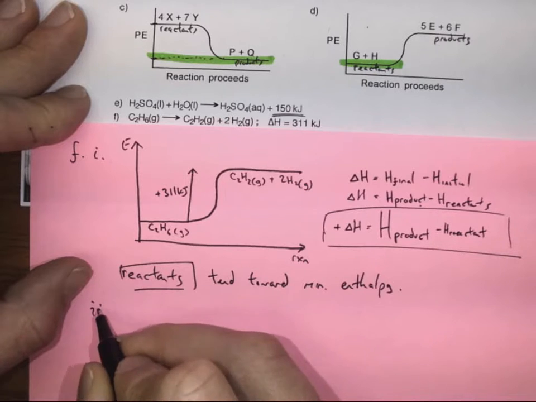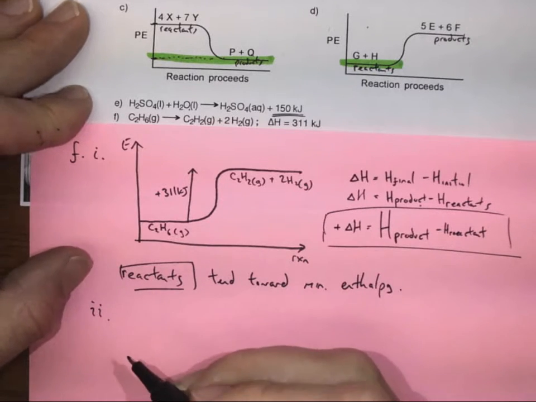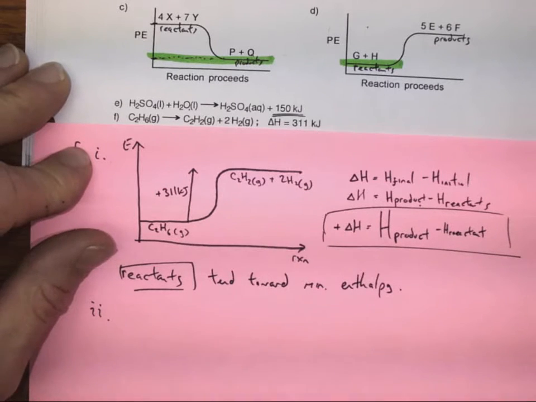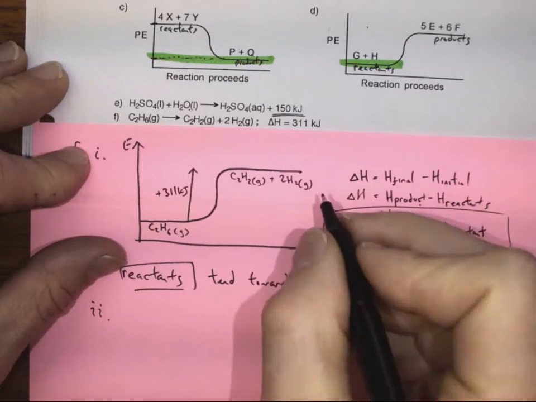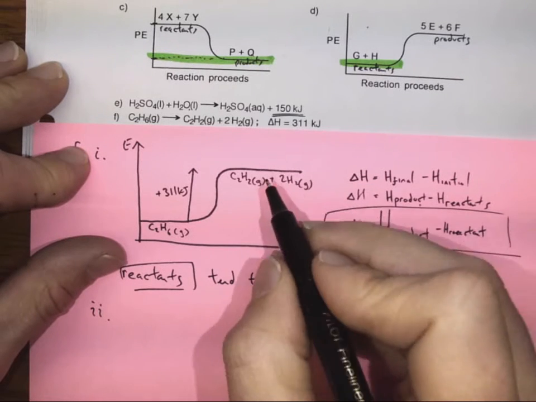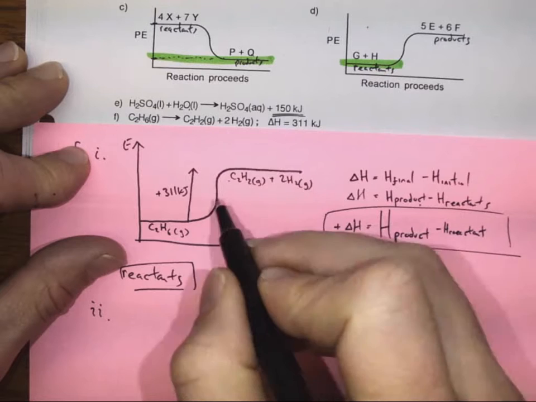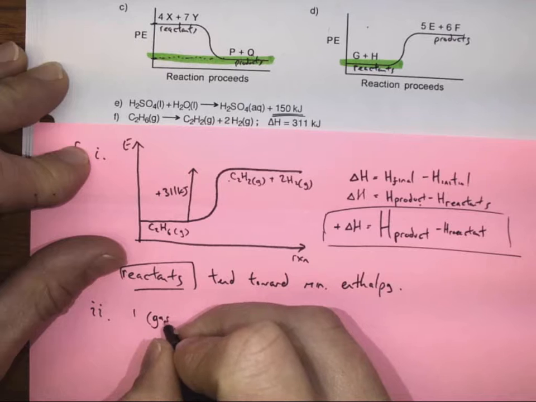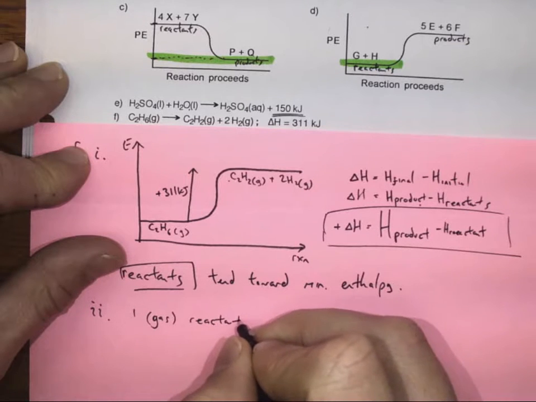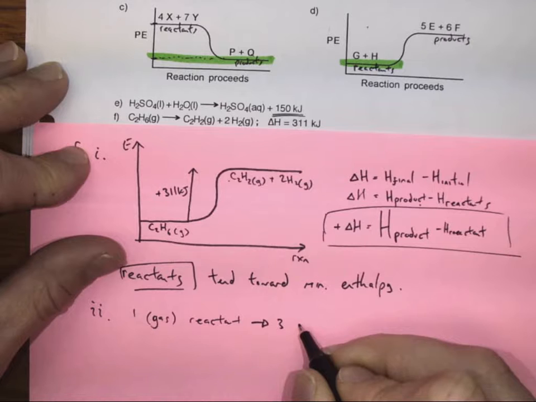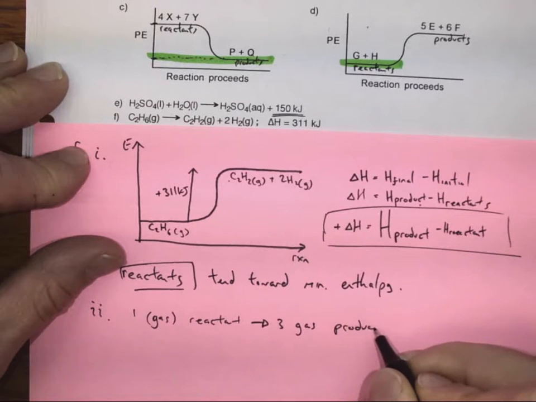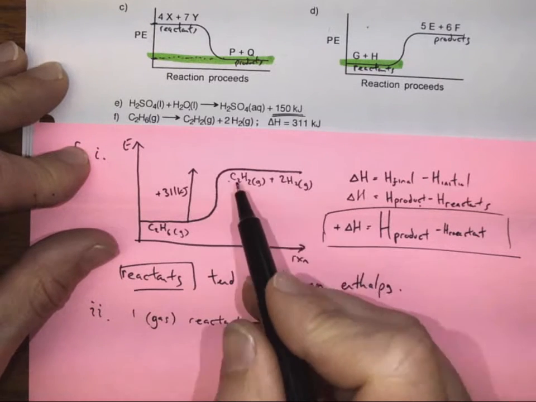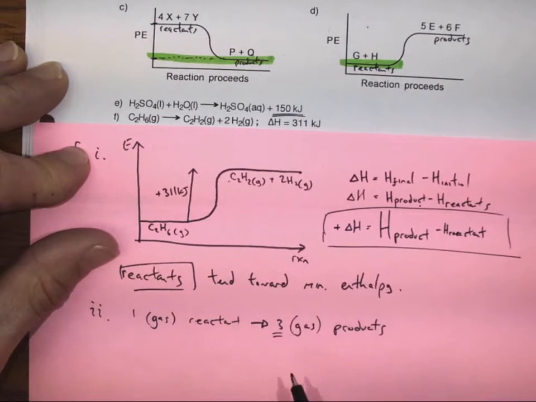Okay. How about an entropy argument? What do we have here? We have all gas species, but the products have 3 different species in them and the reactants only have 1. So 1 gas reactant turns into 3 gas products. It's a numbers game. We make a more chaotic system if we have 3 bodies flying around than if we just have 1 organized one.